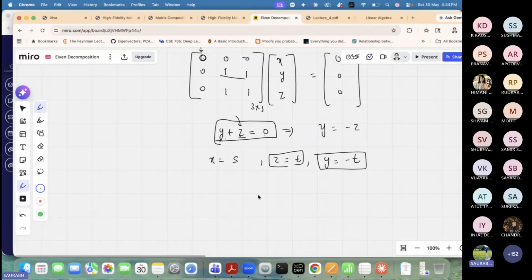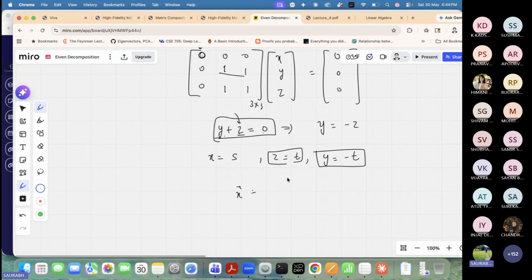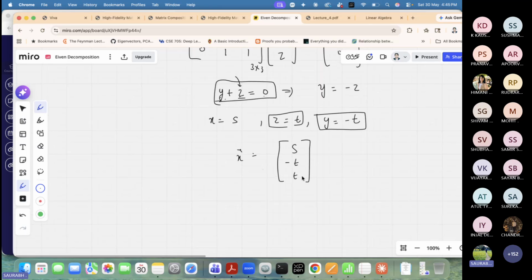So your entire x vector becomes s, minus t, and t. This is your vector of this form, where this is the value of x, this is the value of y, and this is the value of z.